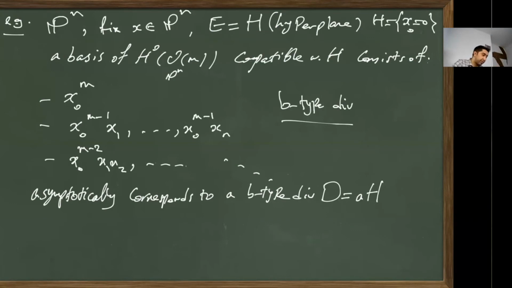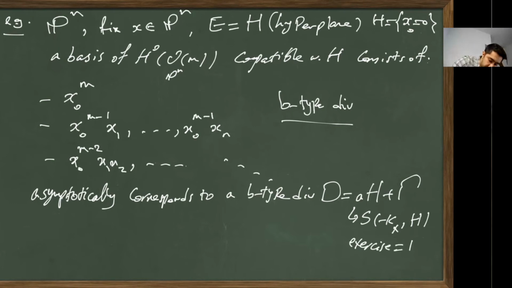And don't forget, I'm taking the average, so I'm dividing by m and the number of elements in the basis. So plus something else, gamma, that doesn't have H in it at all. Those who are familiar with things in the subject know that this a is just this S of minus K. It's that integral. And in here you can calculate that this is just 1.